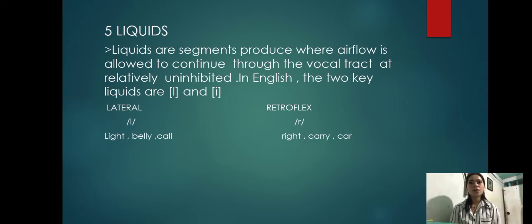And then we also have the retroflex, which is the R, like in right, carry, or car. It's called the retroflex because when you're producing it, the tip of the tongue slightly bends backwards, and that's what retroflex means. Retro meaning back and flex meaning bending.